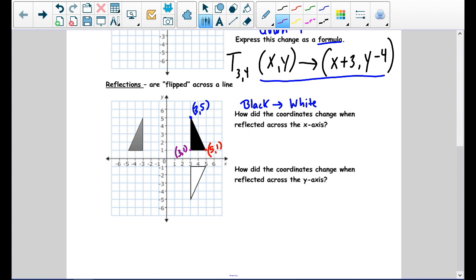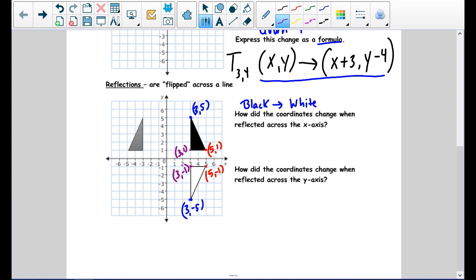Again, when this thing flips over, now the easiest one to kind of see is this blue point. It's still up at the top of this triangle here. Okay, so the new blue point is 3, negative 5. My red point then gets flipped over, so here 5, negative 1. And then the new purple point, again reflected, and we get 3, negative 1.